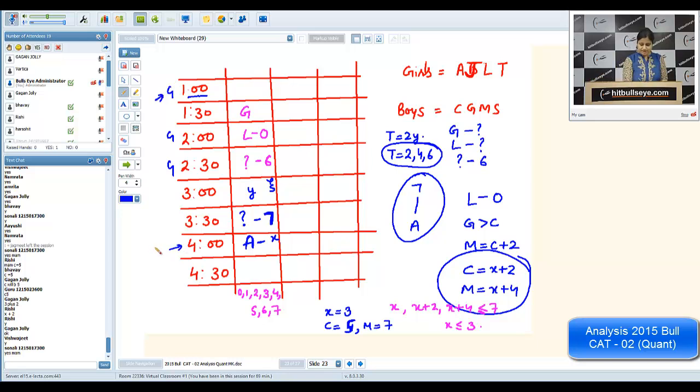See, A was a girl, it means the places left for boys are these many. Is it okay? Clear? Now you can proceed, I think.